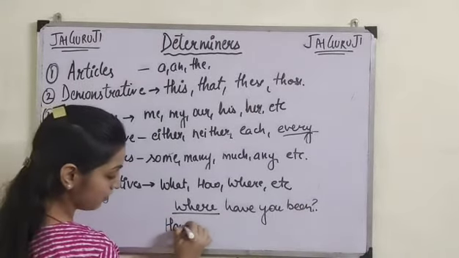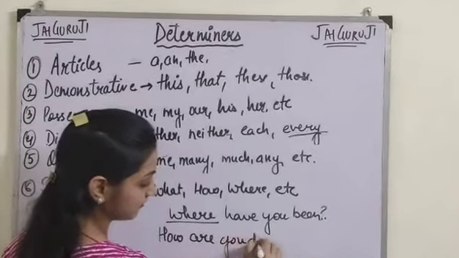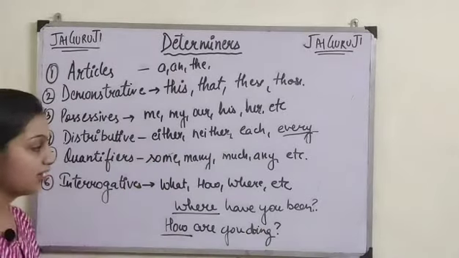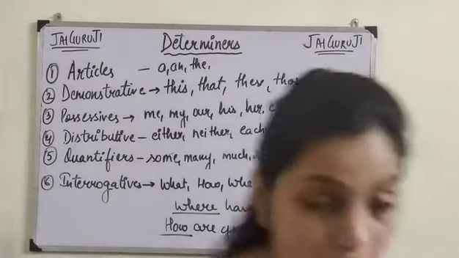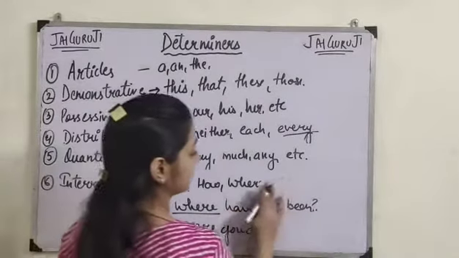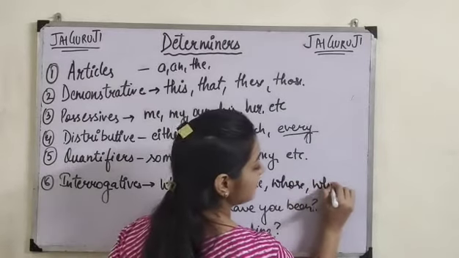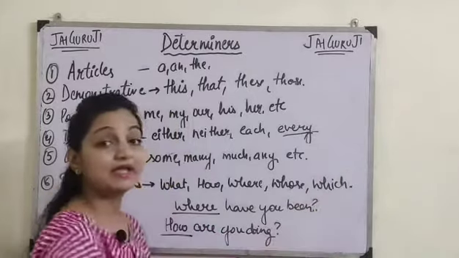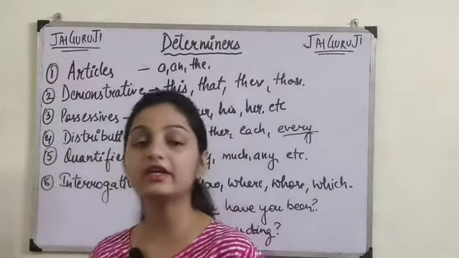How are you doing? So here it's a question mark. How? It can be many. Means all the question forms. Whose? Which? Which is your house? Whose pen is this? Whose book is this? So it can be all the interrogative determiners.